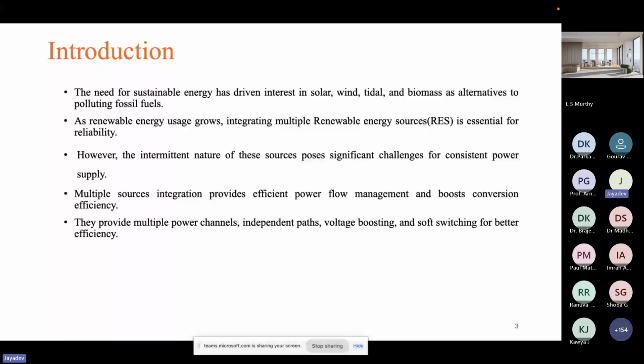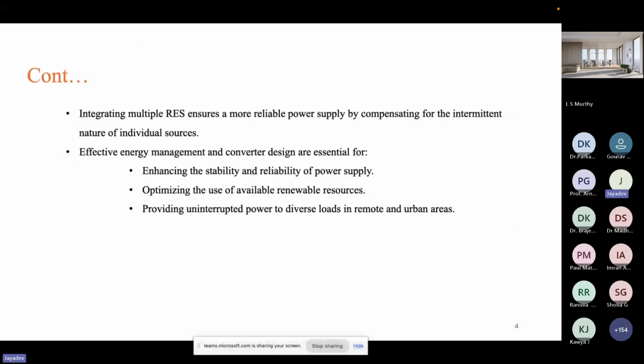This converter has some advantages over the non-isolated or single multiport converter, like multiple power channels, independent power flow, inherent voltage boosting, and it can support soft switching that can help achieve maximum efficiency. Because of the intermittent nature of renewable sources, we are integrating more than one source.